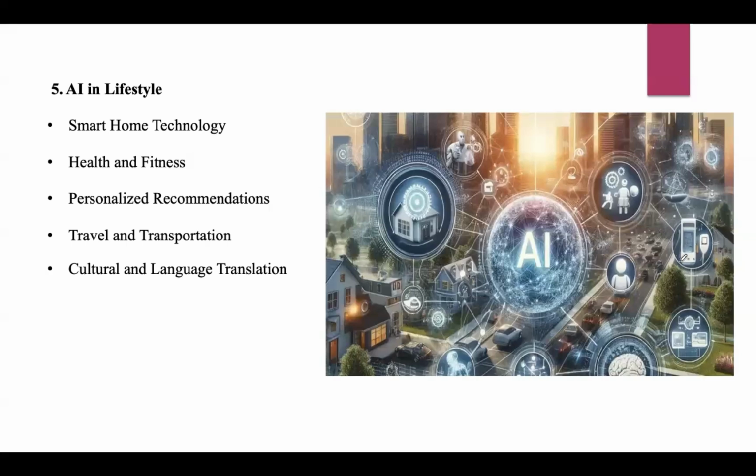And the third one is personalized recommendations. If you take entertainment, AI algorithms recommend various movies, music, and TV shows based on user preferences, viewing history, and ratings, thus enhancing the entertainment experience. If you take shopping, even AI-powered recommendation engines suggest products based on past purchases or browsing behavior, thus improving shopping convenience and satisfaction, right?